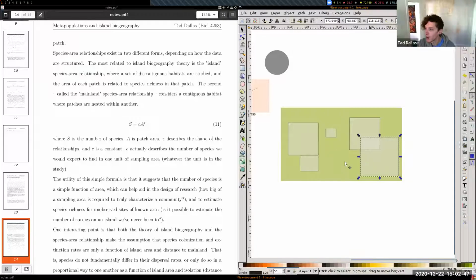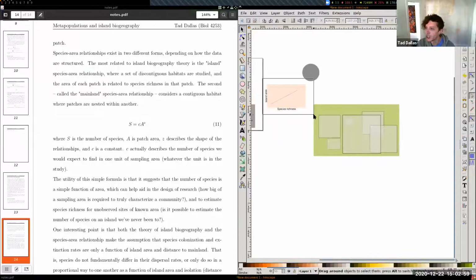So let's say I have all of these that I would randomly sample in this contiguous habitat. I'll make this one really big. And I made an art. It basically shows this same relationship, except now instead of island area, it's just sampled area.